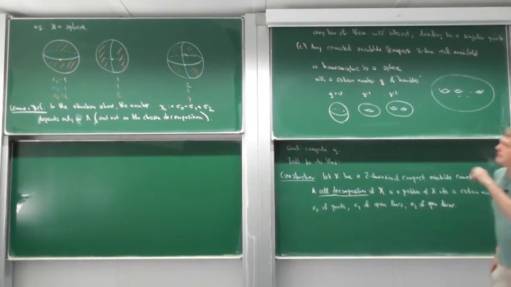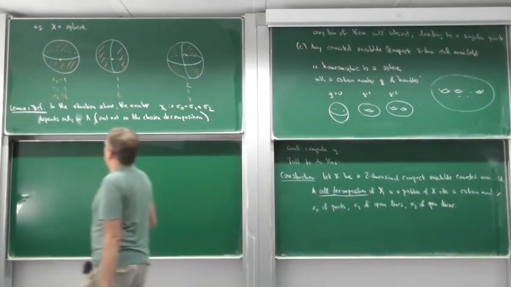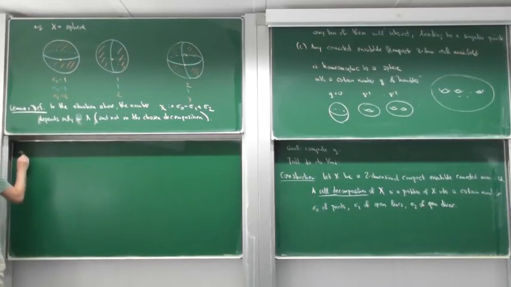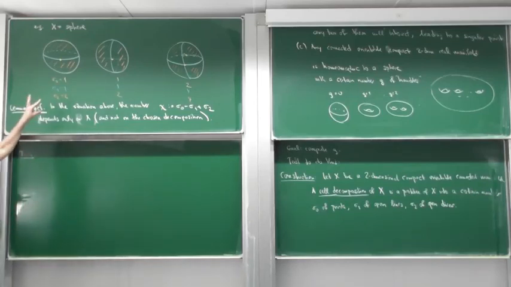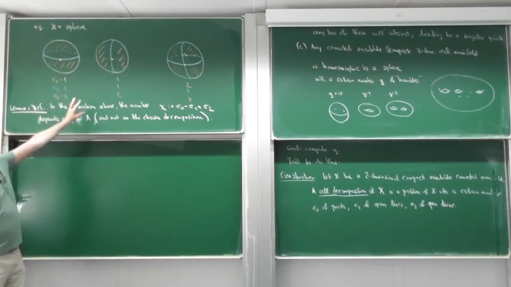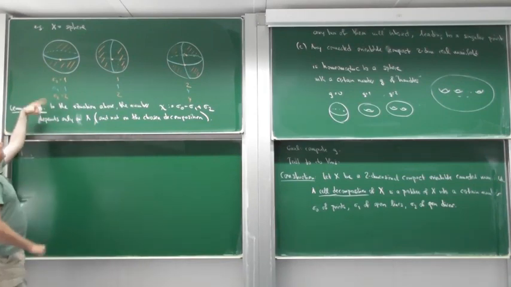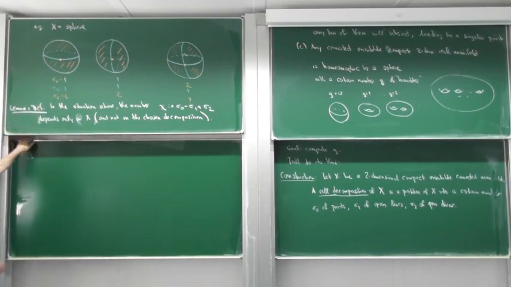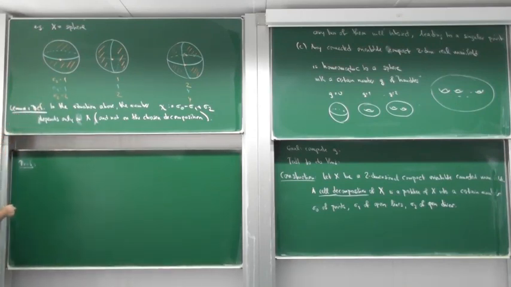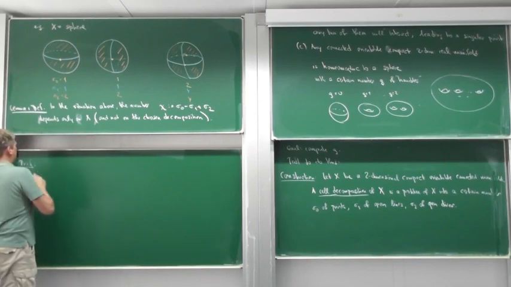So the point is, it's essentially 2 observations for the proof. The first one is that if we start from a given decomposition, there's a way to refine that in a sense, essentially in two different ways. Namely, I could add more points or add more lines. And in both cases, actually, this number chi will stay the same.